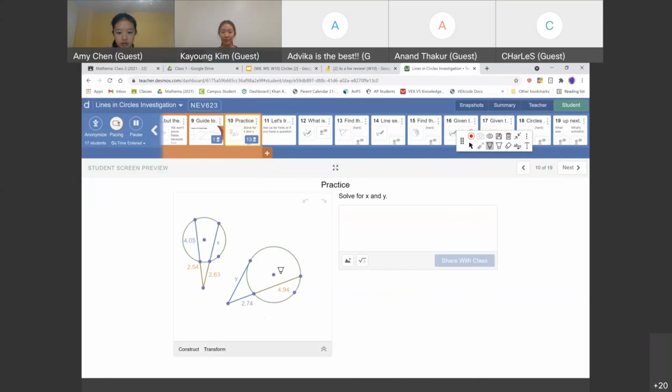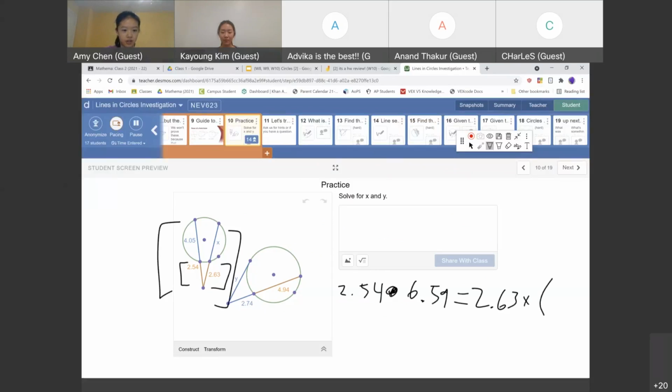So 2.54, which is this part here, multiplied by the length of the whole thing, 6.59, equals 2.63 times the length of the whole thing, which is 2.63 plus x.